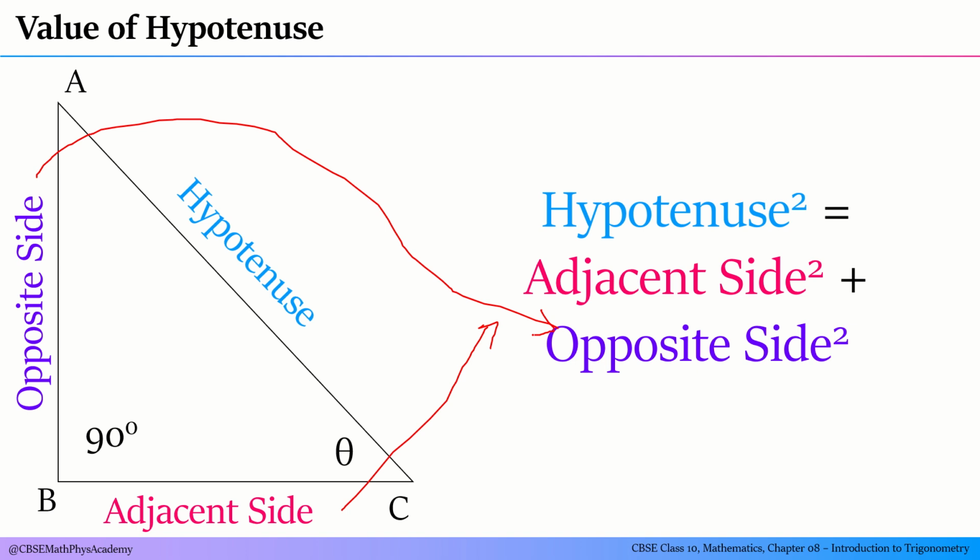Where this will be useful is when you have the values of two of them and need to find the third. For example, if you are given the opposite side and adjacent side, you can find the hypotenuse using this formula.